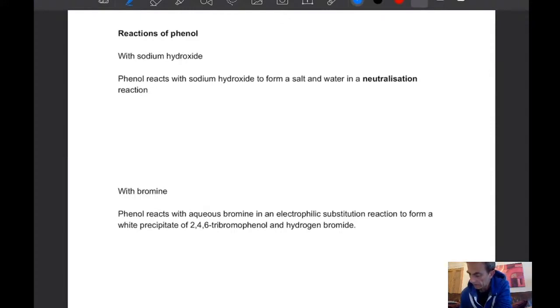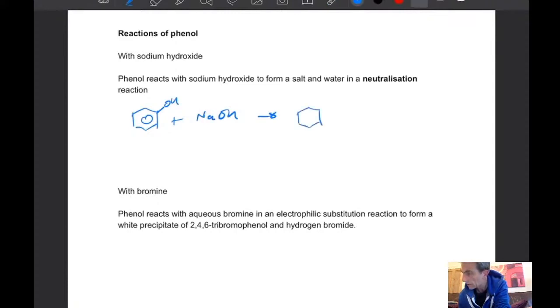So phenol, oops, forgot the OH group, plus NaOH makes a salt. Remember the definition of a salt: the H+ ion of an acid is replaced by a metal ion, so that's what we need to do.